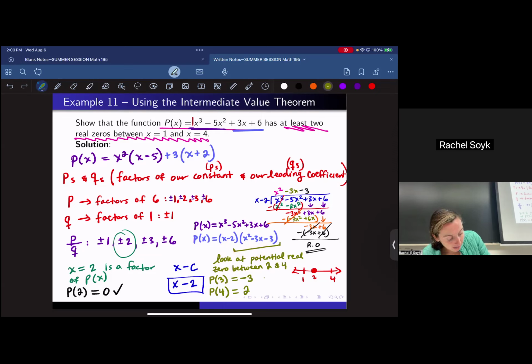So by our intermediate value theorem, we have another real root between 3 and 4, between x is equal to 3 and 4. And that's it. We proved it.